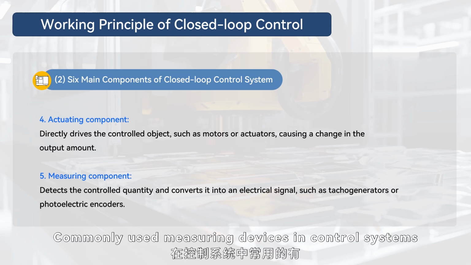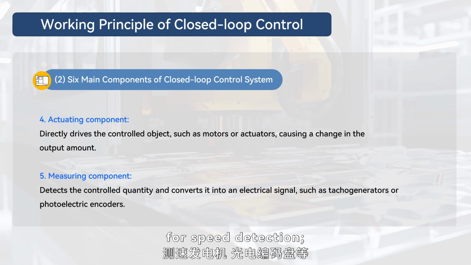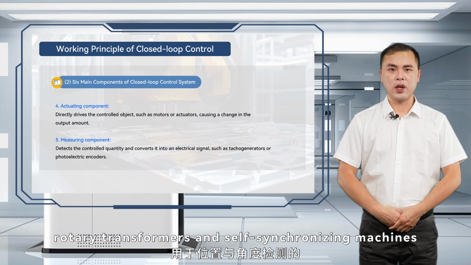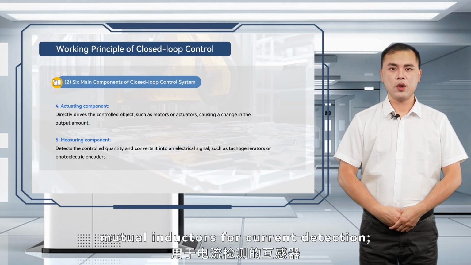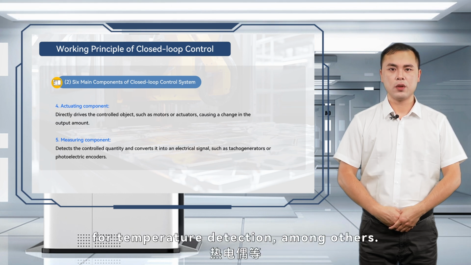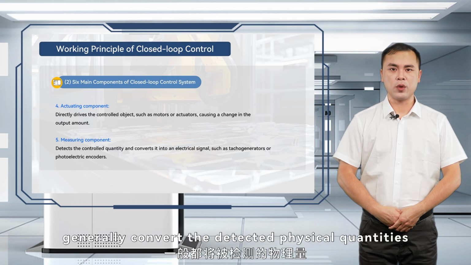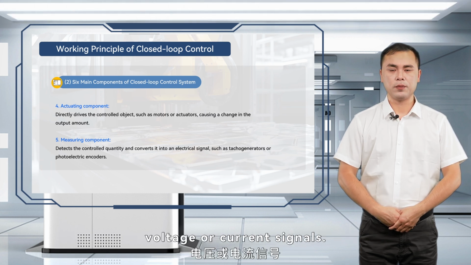Commonly used measuring devices in control systems include tachogenerators and photoelectric encoders for speed detection, rotary transformers, and self-synchronizing machines for position and angle detection, mutual inductors for current detection, and thermocouples for temperature detection, among others. These detecting devices generally convert the detected physical quantities into corresponding continuous or discrete voltage or current signals.